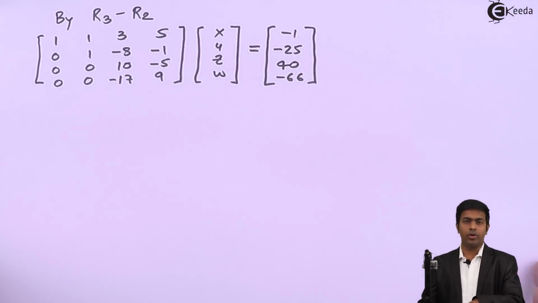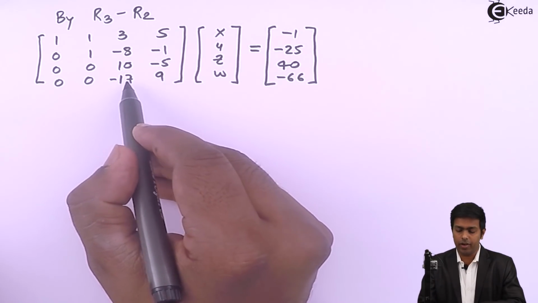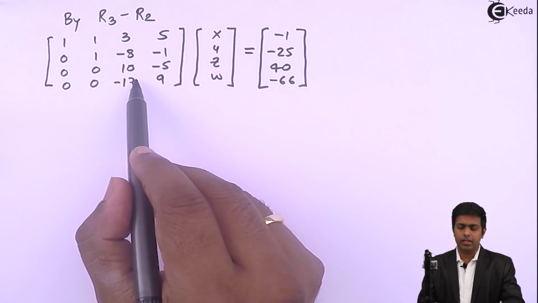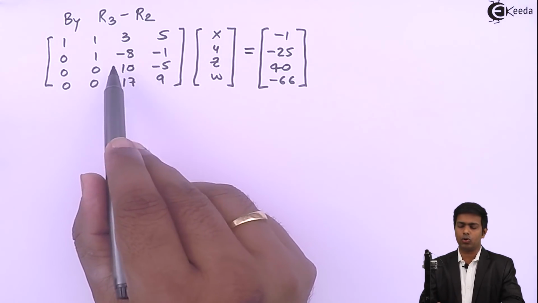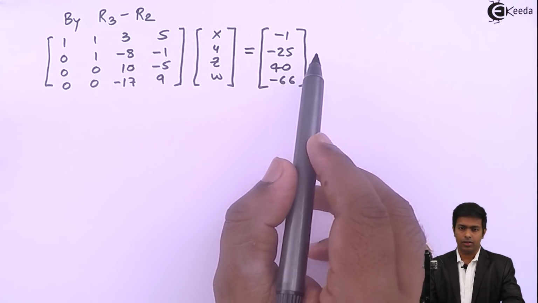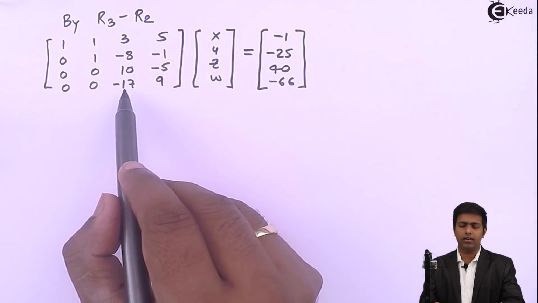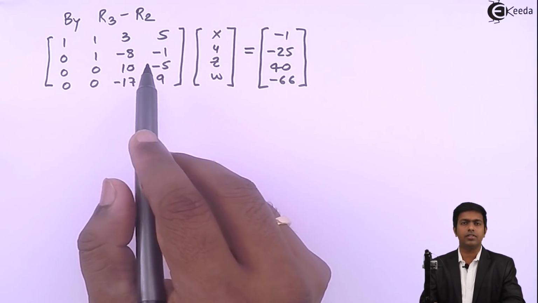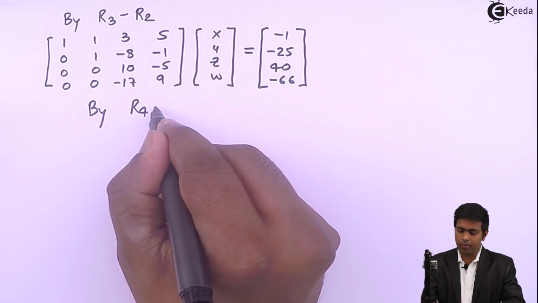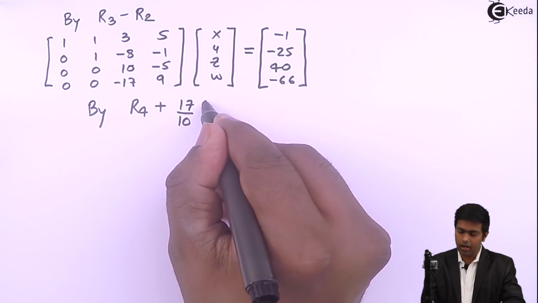Now the only last element is remaining, that is this minus 17, and we have to make it as 0. Now to bring 0 here, we will multiply this row 3 by 17 upon 10, so that here we will get 17, and then we can add it with R4 to get it 0 over here. So here I will say by R4 plus 17 upon 10 R3.